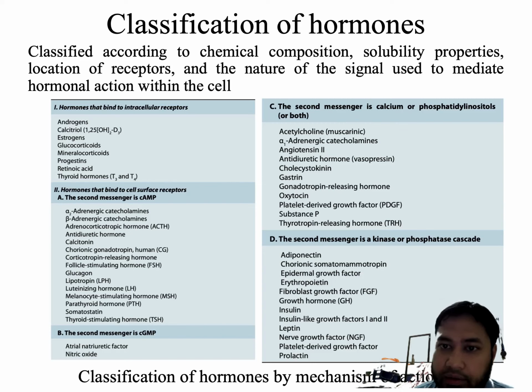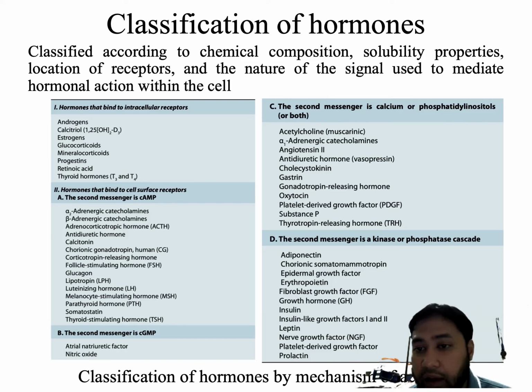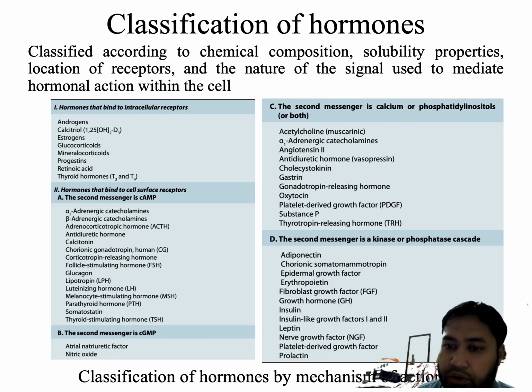But you need to know that some other hormones are also capable of sending signals in the form of calcium or phosphatidyl inositol. And the final one is that hormones like adiponectin, FGF, NGF, prolactin, PDGF are all hormones that form a signal in the form of a kinase or phosphatase cascade.